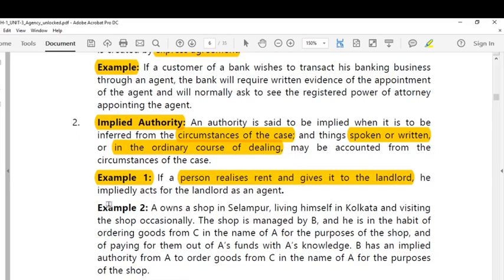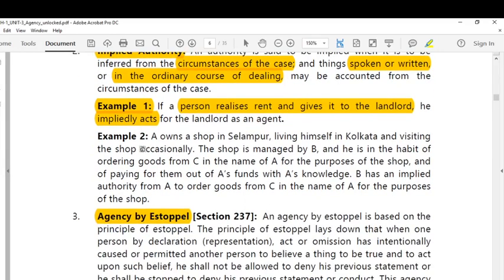It is an implied act, which is giving rise to establish an agency, and which is giving rise to a relationship of agent and principal, right? So this is implied authority where an agency can get established.